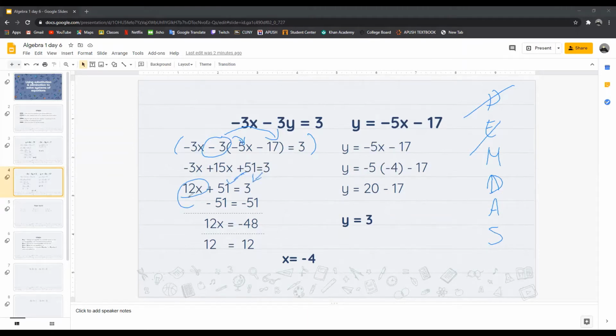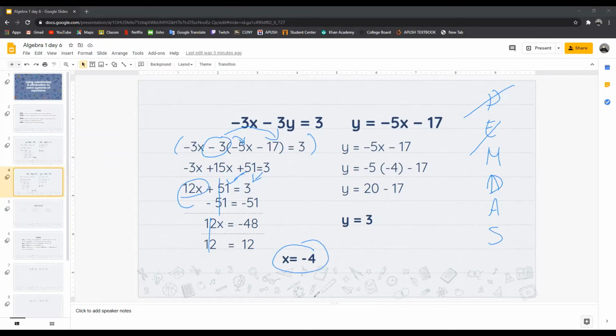To get 12x by itself, you would have to subtract 51 on both sides, so you also get rid of the 51, and on the other side of your equal sign, you would get negative 48. And to officially get rid of your 12, so you have just x alone, you have to divide by 12 on both sides. So you get negative 4 as your x value.